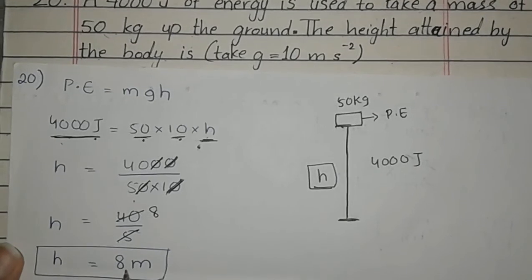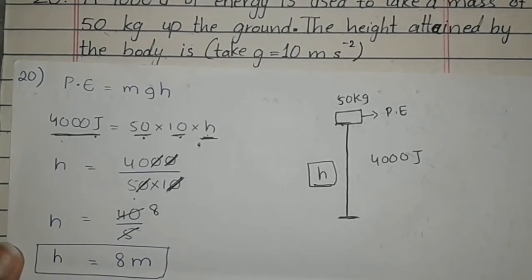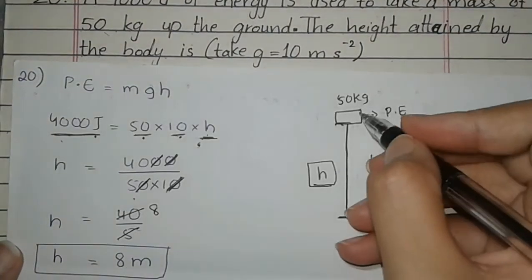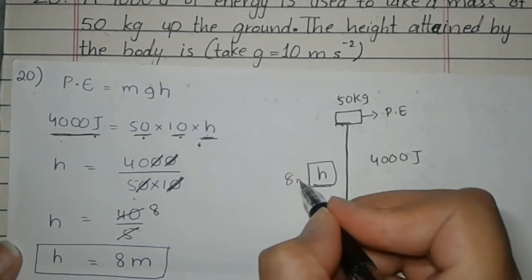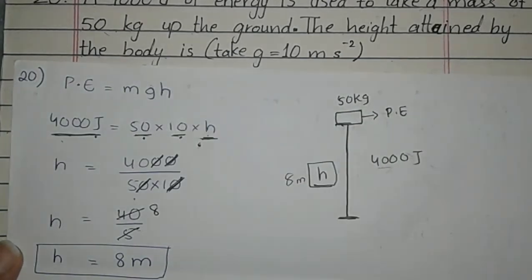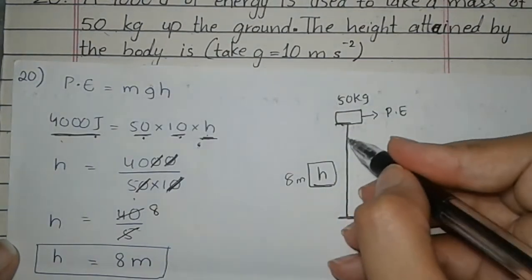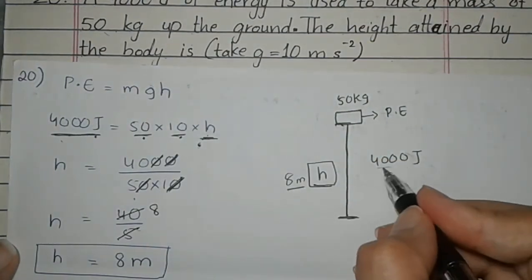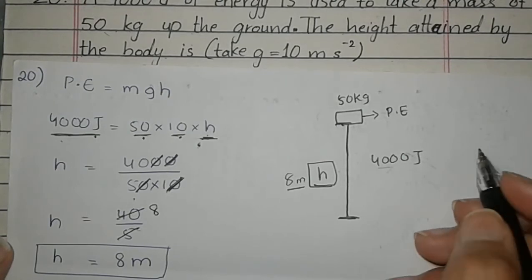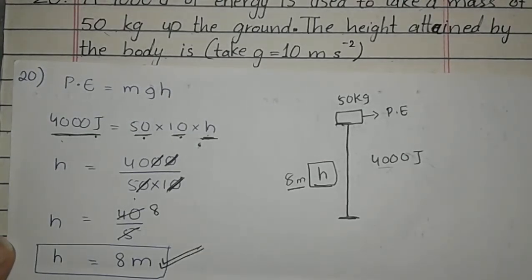The height will be 8 meter. So when we bring a body of 50 kg up to a height of 8 meter, 4000 joule of energy will be needed. So the answer is 8 meter.